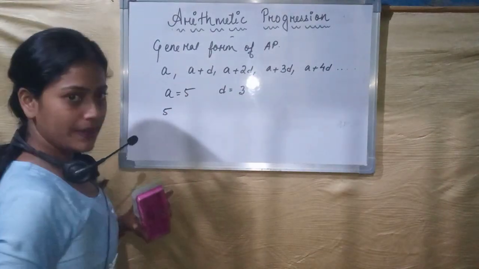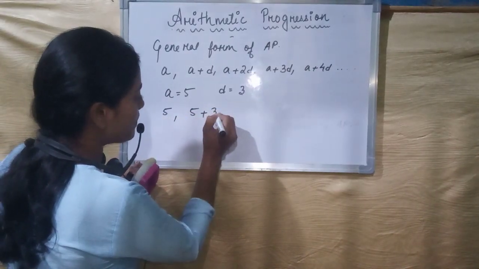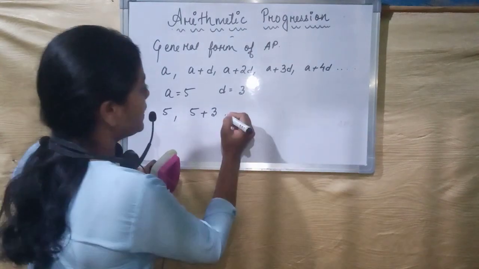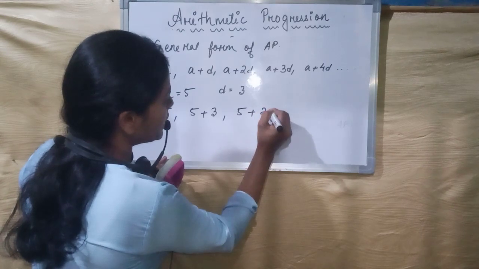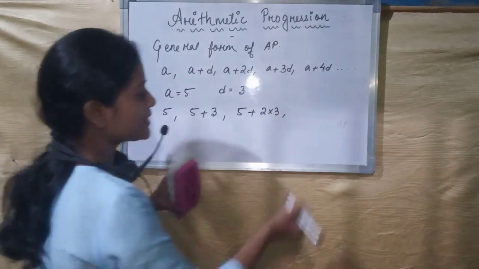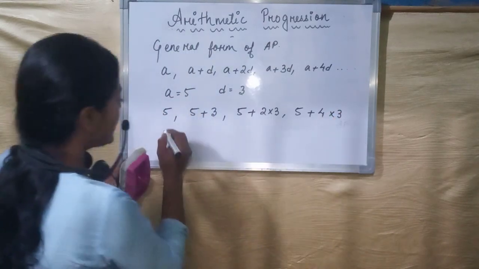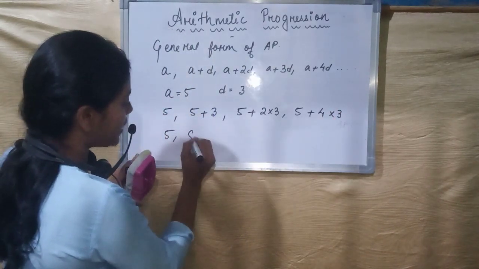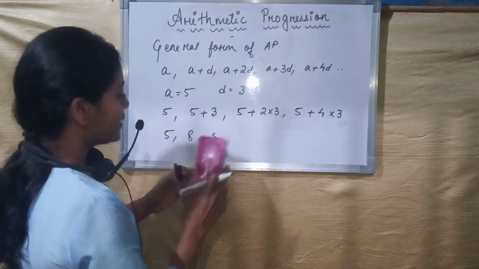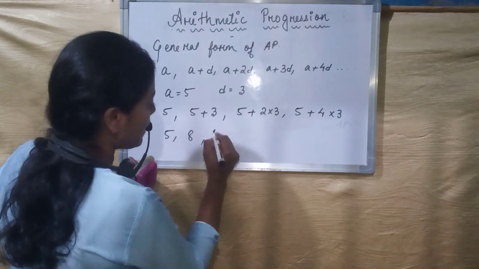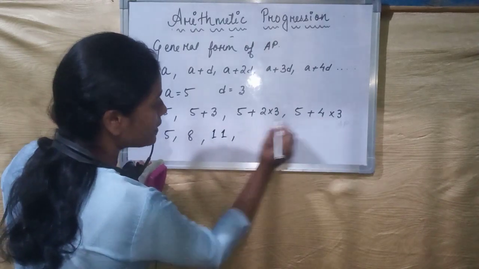Next term is 5 plus D, that is 5 plus 3, 8. Next is 5 plus 2 into 3, that is 5 plus 6, so 11.